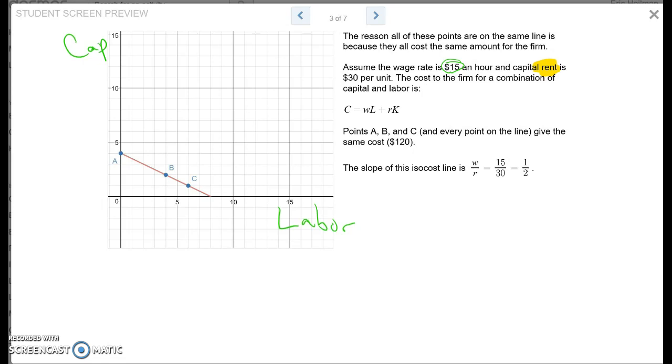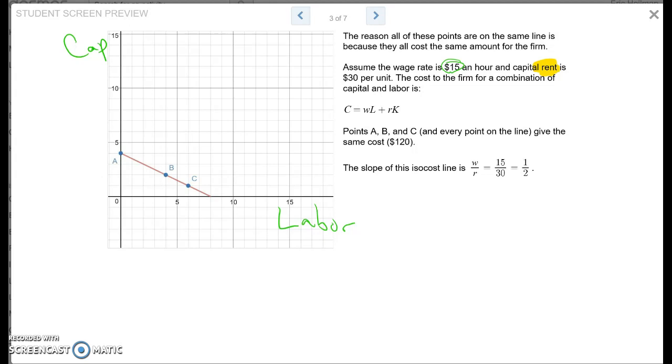So just so you understand why that makes sense, it might be that I'm renting the machines I use in my business. Like if I'm a farmer, I might be renting a combine, or I might have bought the combine and I'm paying payments on it monthly, like you would a car. Or if you have a server bank at your company, you might have to pay to maintain the servers.